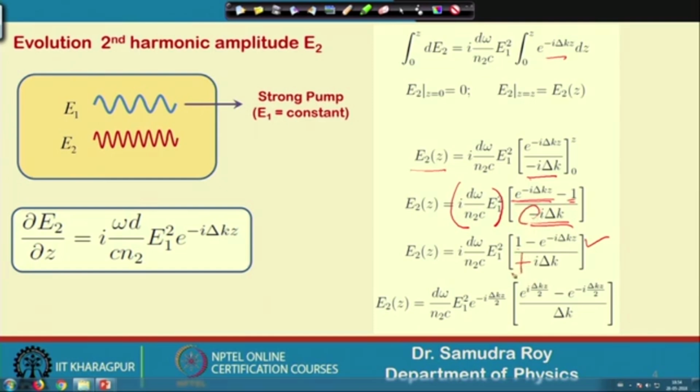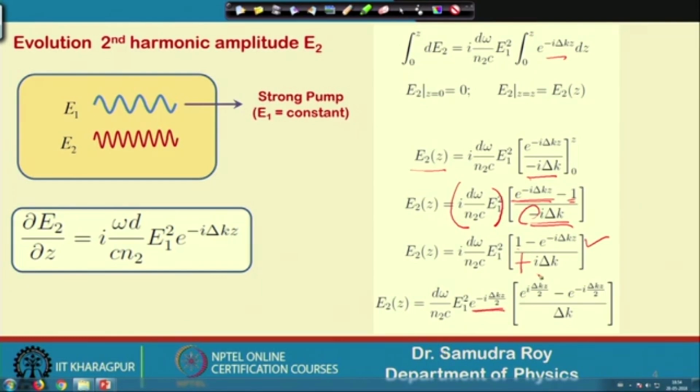So, it is plus. And finally, this looks quite a similar term, and one can make some symmetric kind of term using that. In order to do that, we multiply the entire stuff with e to the power minus I delta k z by 2.